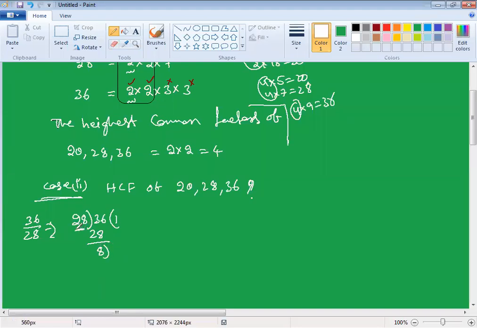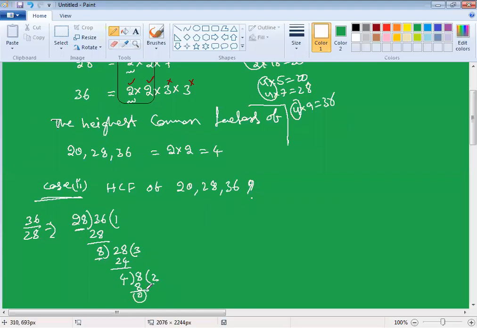So 36 minus 28 will be 8. Again, take the number here, 28, and divide by 8. 8 threes are 24, only that is possible. The remainder is 4. Now again take this 8. 4 twos are 8, the remainder is 0.